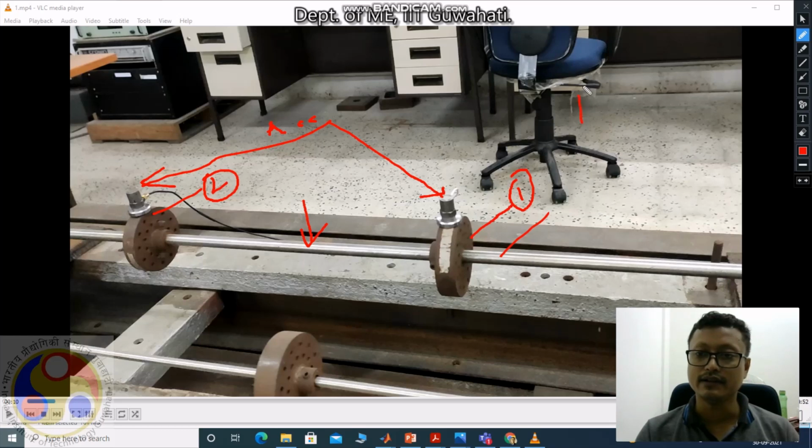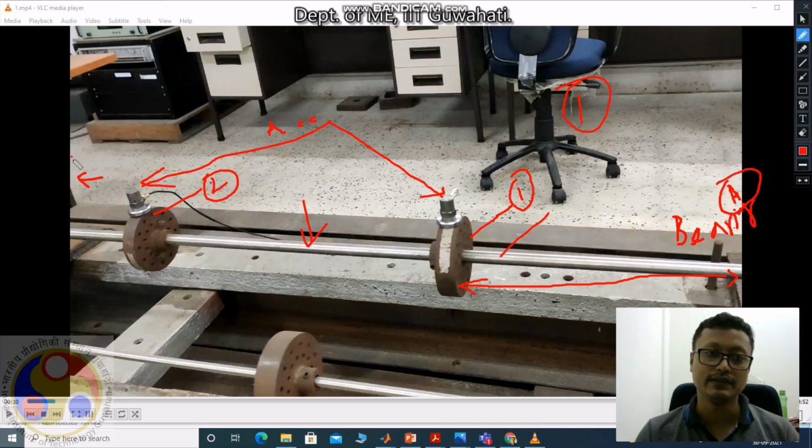In condition 1, both ends are connected with bearings. Here is bearing A, and on this side is bearing B.